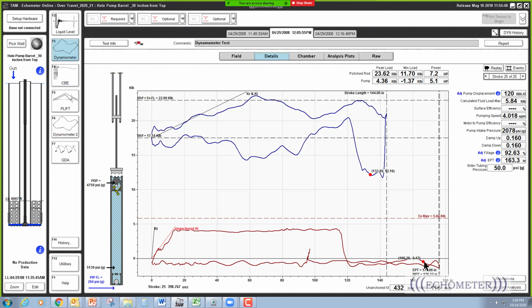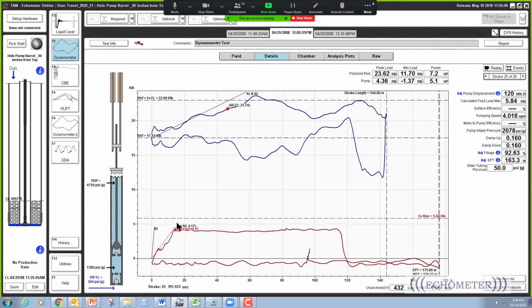So this is a good example where the over travel is significant, and you have to have a long enough pump barrel so it's not going to whack at the top and hit the top of the pump. But this is a good example of over travel when the fluid load is released on the upstroke.